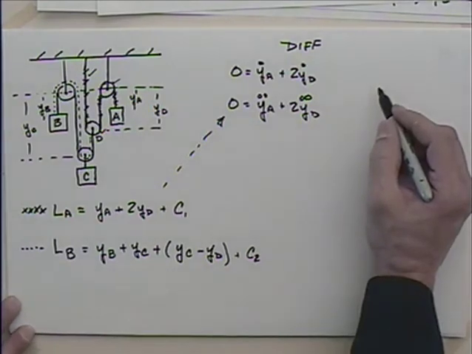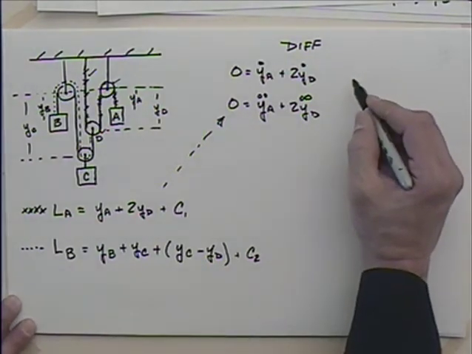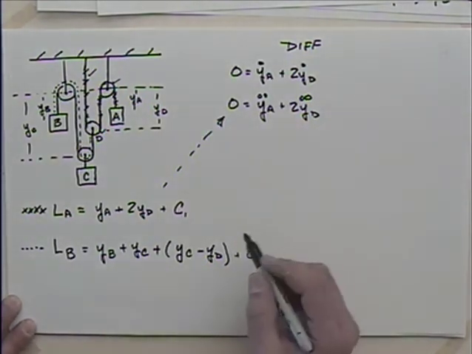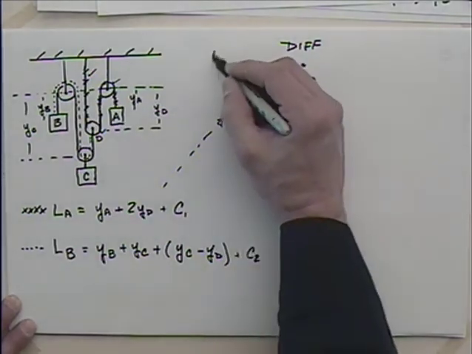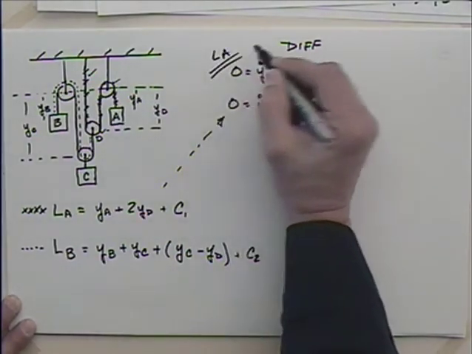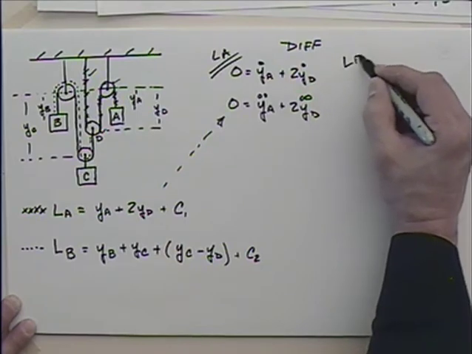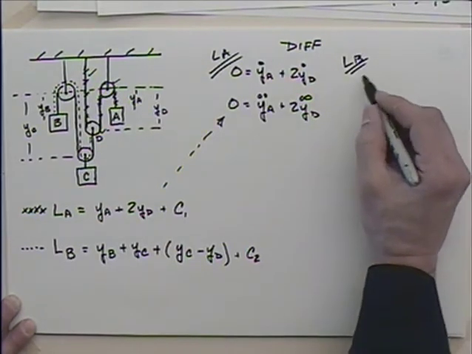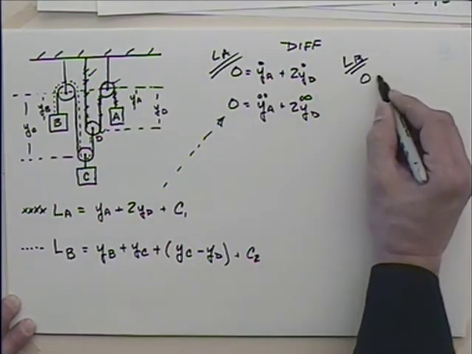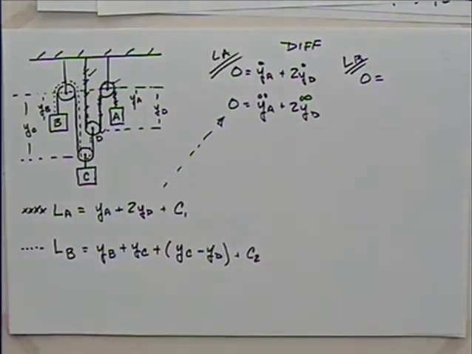And if I do this other equation, what am I going to have? So this is L sub A. So what do I have for L sub B? I would have 0. 0 is equal to what?